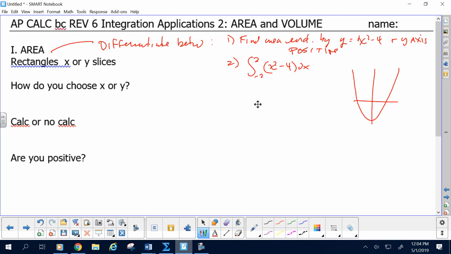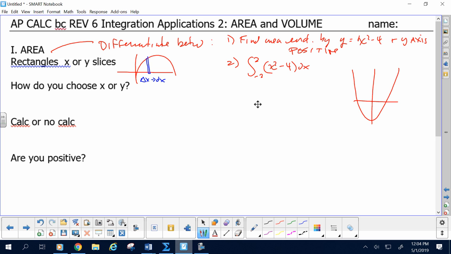Rectangles or y-slices. When you look at area under a curve and use rectangles, and the rectangles are oriented this way and super thin that way, is that a delta x or a delta y? That's a delta x. So if your rectangles, or your slices, run that way (I don't even draw rectangles, I just draw stripes), then you're talking dx.